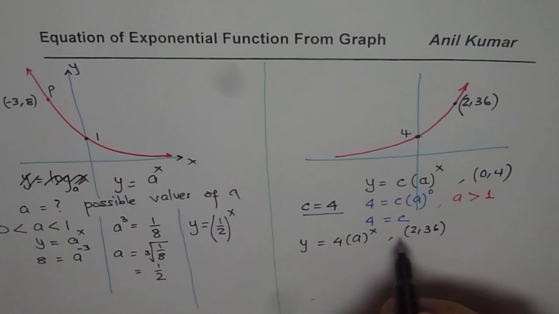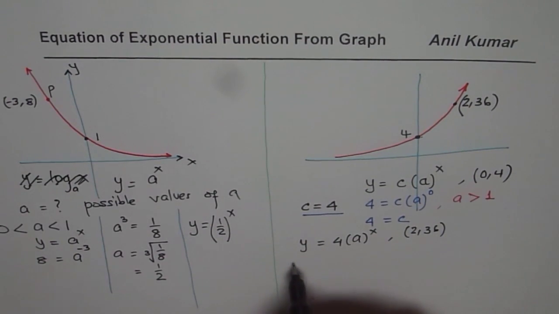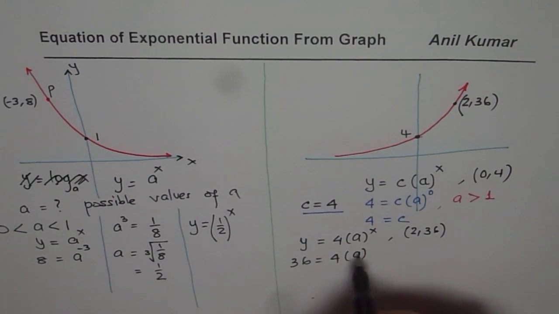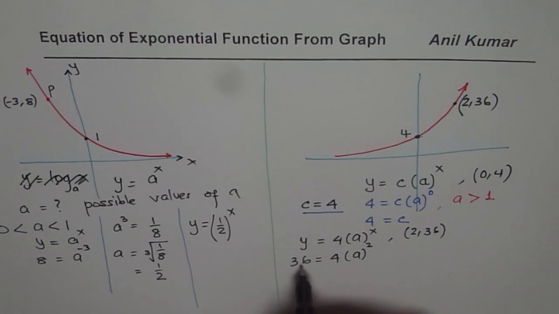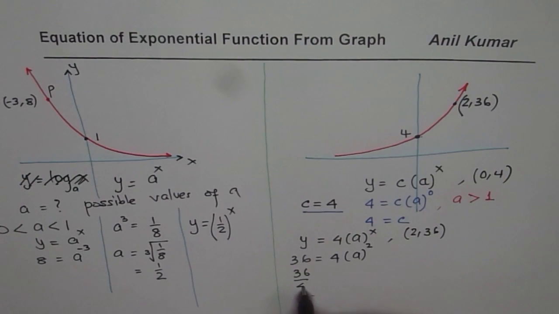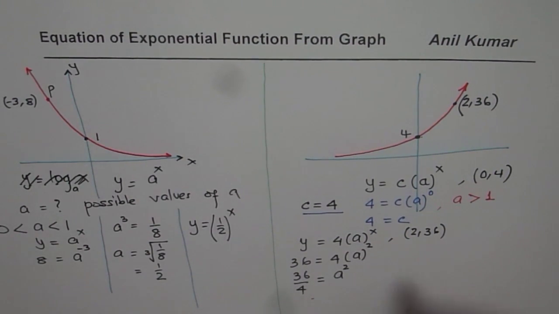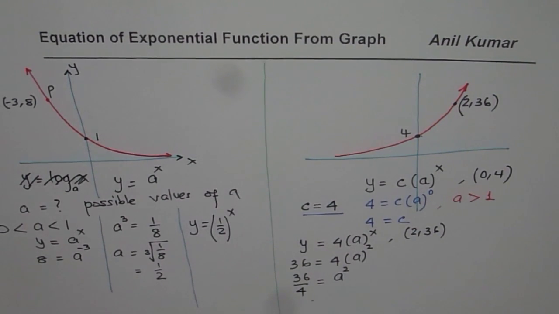So we'll substitute 2 for x and 36 for y. So we get 36 equals 4 times a squared. Dividing 36 by 4, we get 9, and here we are writing a squared. So let me take all these things to the right side to solve it further.